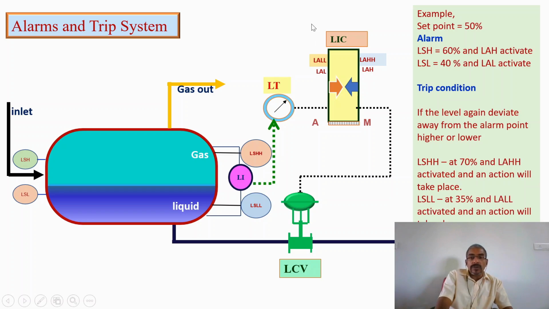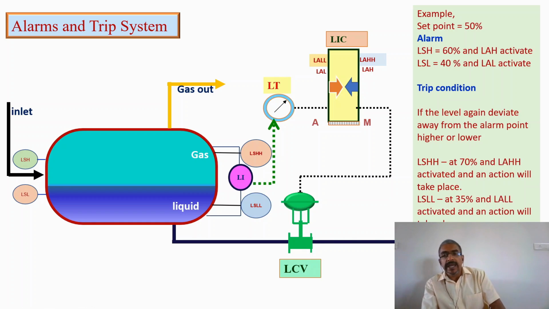That also takes action on the inlet shutdown valve, or the gas outlet BDV blowdown valve, or shutdown valve itself, and this LCV or subsequent downstream shutdown valve. Any action will take place. So it is clear. I hope you have a clear understanding of what alarms and set points are.